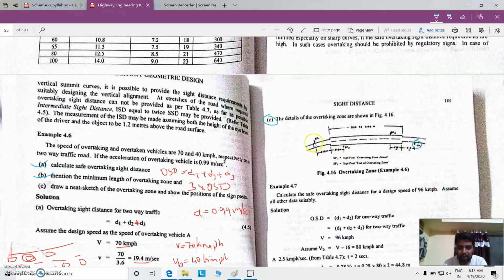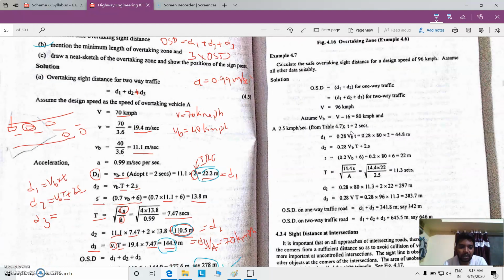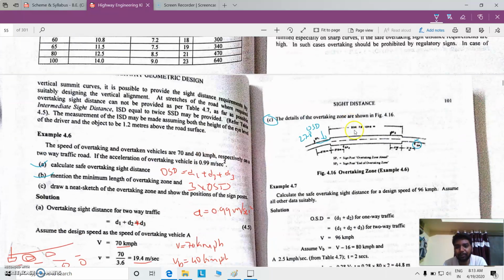From signpost 1, to the start of the overtaking zone, the distance is given as OSD, the calculated length of OSD. So here the OSD will be 278 meters. From signpost 1, 278 meters will be this distance, and after this distance the overtaking zone is considered, that is the minimum and desirable lengths provided, 834 and 1390 meters.